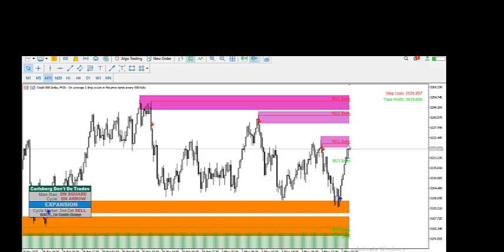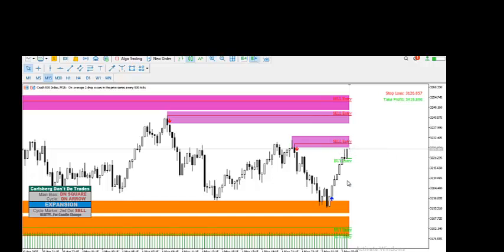So as price is returning there, we are expecting a sell. If it's going to sell from here, we are going to get an arrow. If it's not going to sell from here, maybe from here we are also going to get an arrow. Price might use this place as a sweep of liquidity and move down to this zone. Either way, we are going to get an arrow for us.